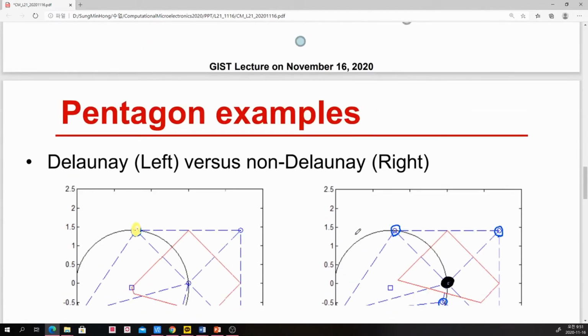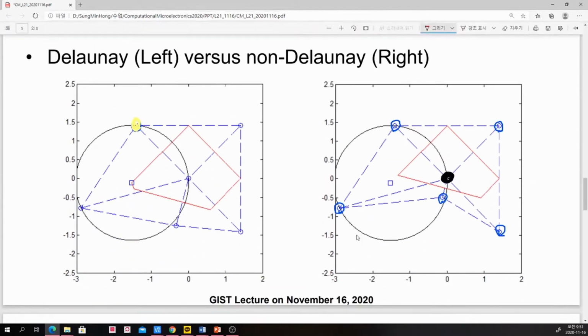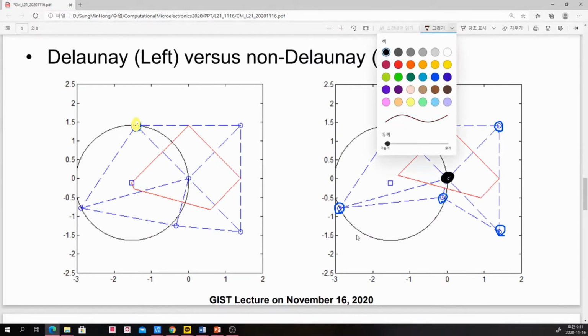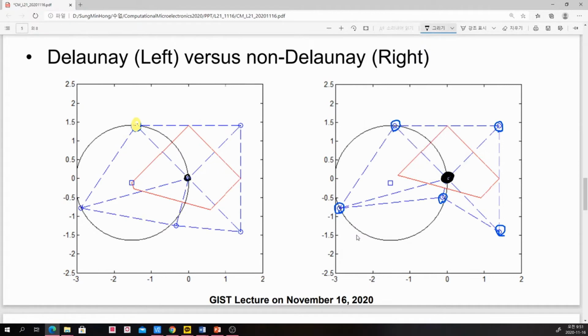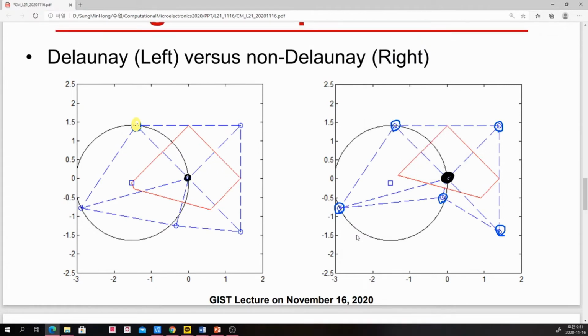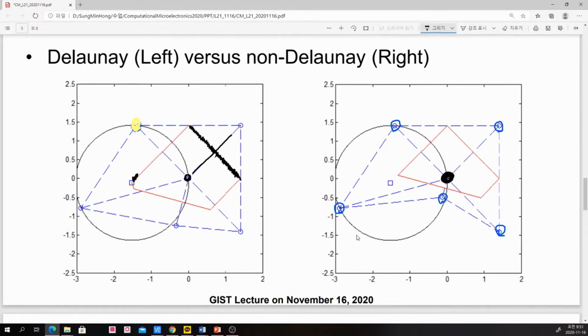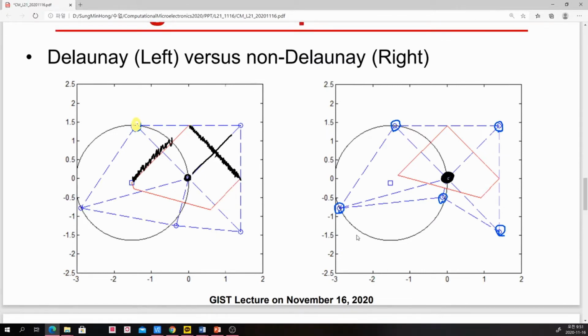But one thing we have to keep in mind is, now we have the center point, and we have surrounding edges. So this edge has the length of a perpendicular line, this one, and also for this line, yes, we have the length of a perpendicular line like this.